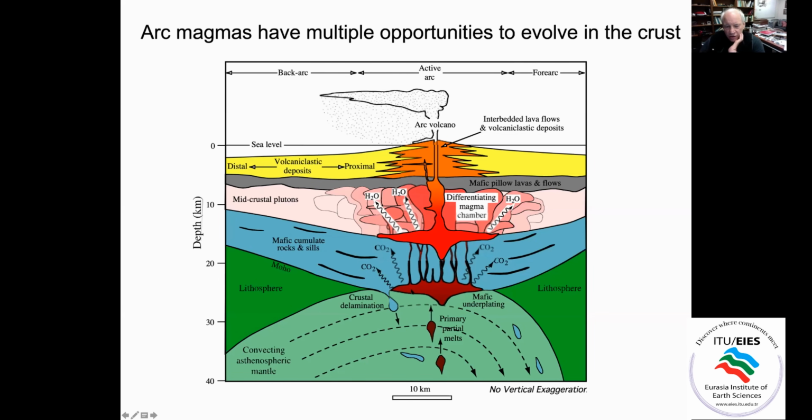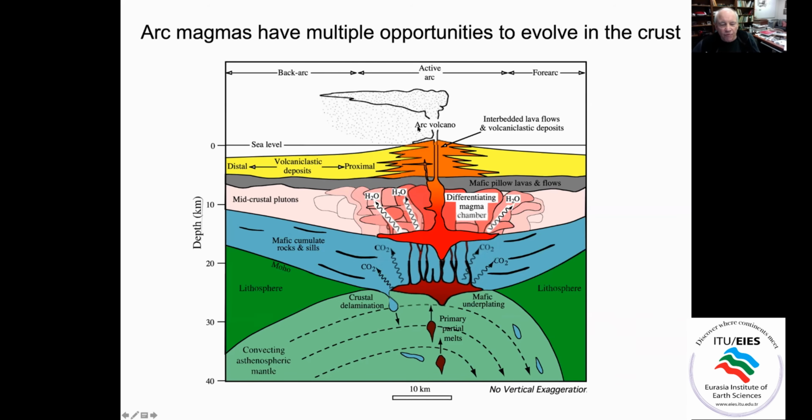And the interactions are not just silicate fractionation and assimilation, it's also magmatic degassing. Carbon dioxide degasses deeper than water. These fluids will play a role in metallogenesis. A lot of sulfur species, which are so important in ore formation, respond to these changes in CO2 and water.